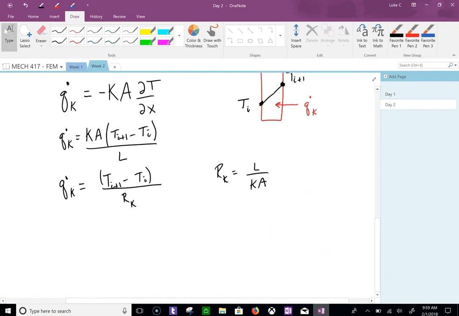That was the convection equation? Yep, conduction equation, not, sorry, convection. We haven't done conduction convection yet. Okay, what's the convection equation called?